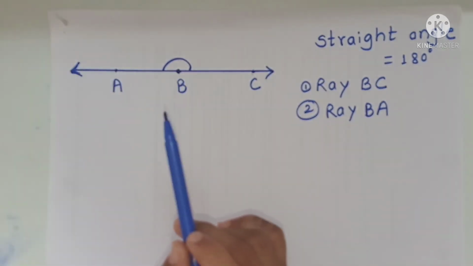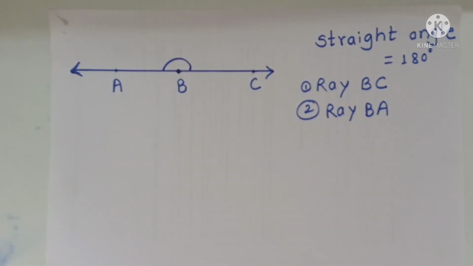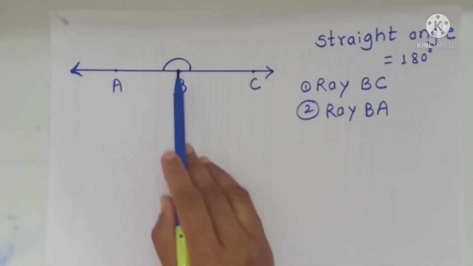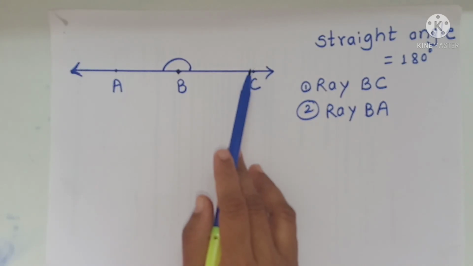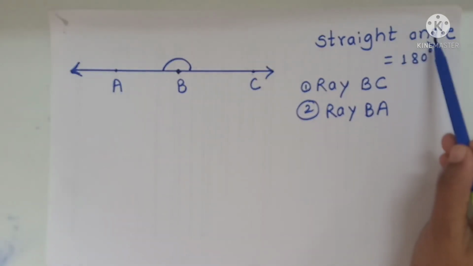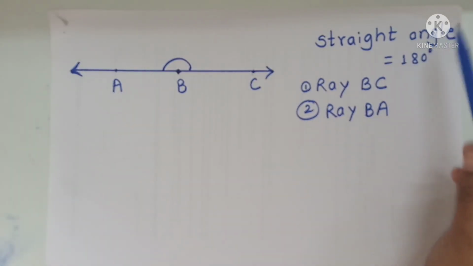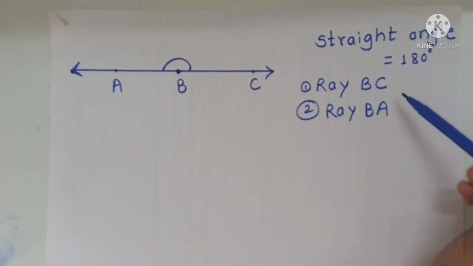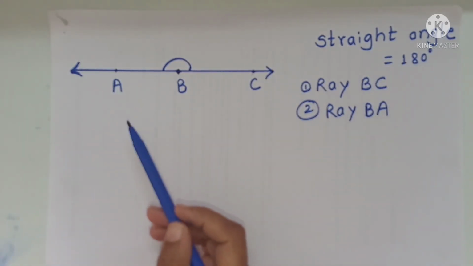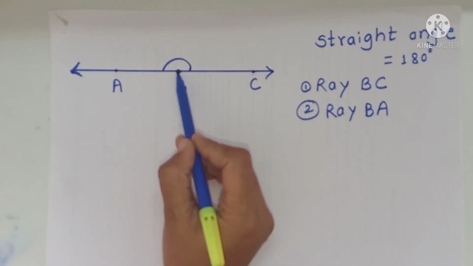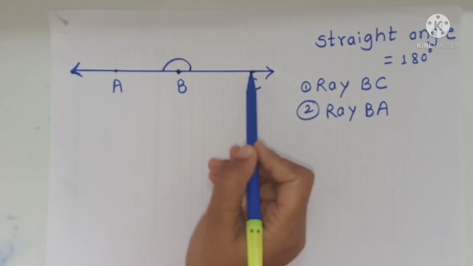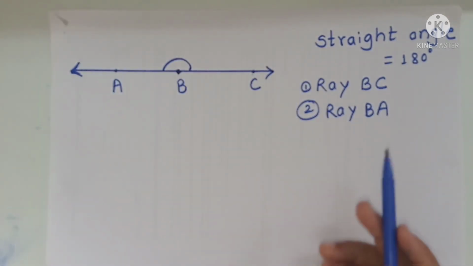Now we can say that these two rays, ray BA and BC, meet to form a straight angle and we get a straight line. So we can say that ray BA and ray BC are opposite rays.